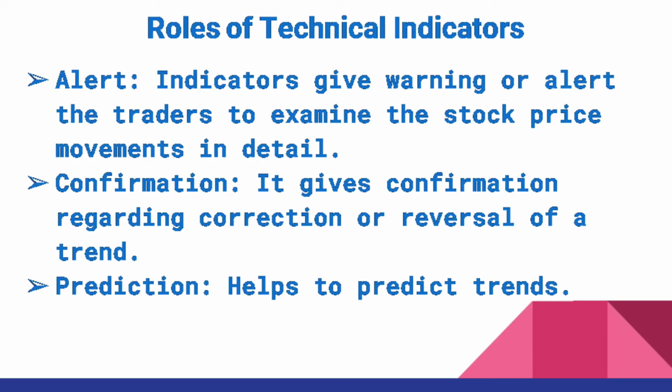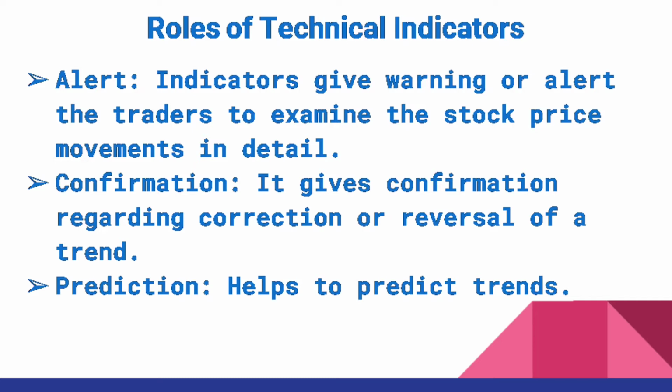Indicators perform an alert role in the market that induces the traders and market participants to study the price movements in detail. For example, if the momentum or velocity of price changes of a stock is high, then it gives a warning signal of a break of support or resistance.